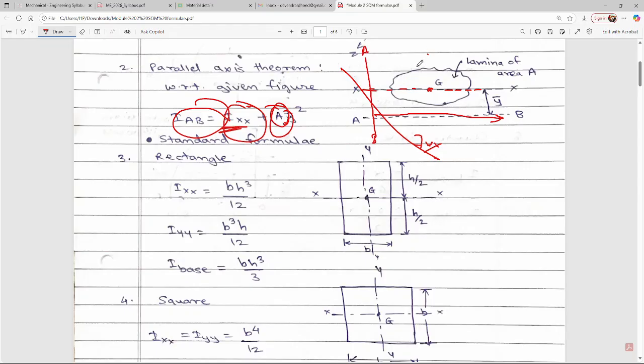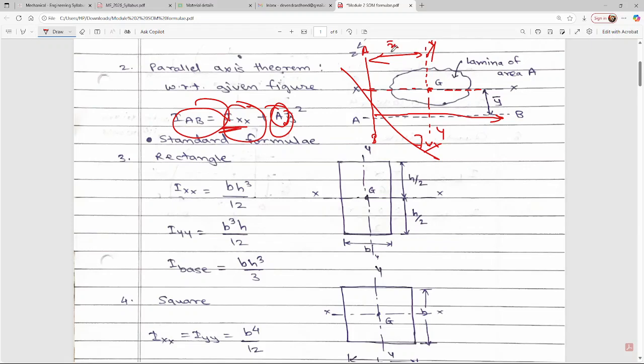can we calculate? So we will draw a line here which is parallel to that AB line. Okay, it will be our new axis YY. So we measure the distance between them. Okay, it will be x bar.